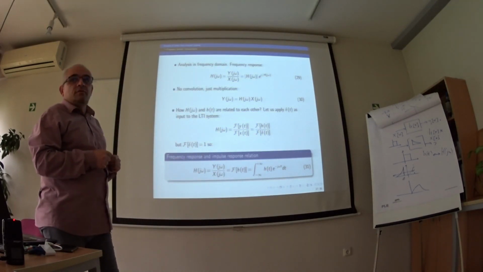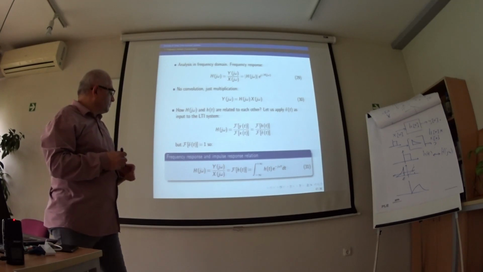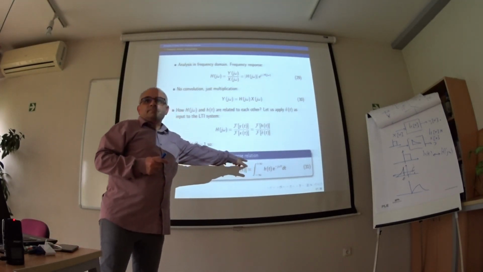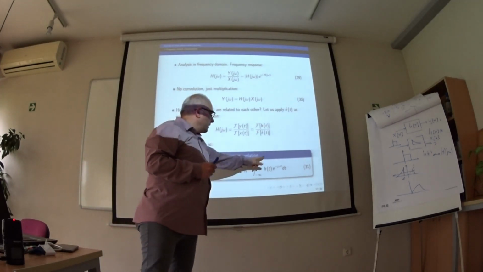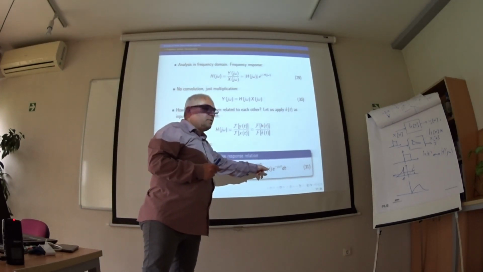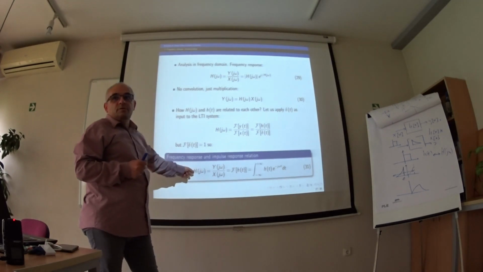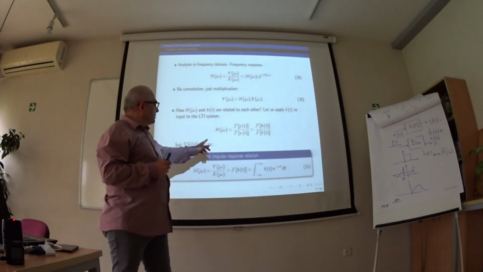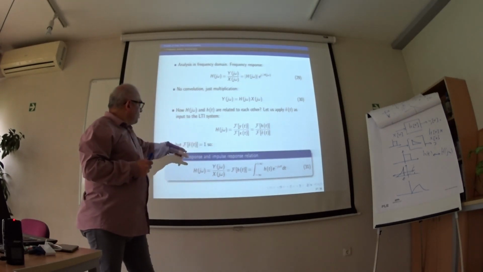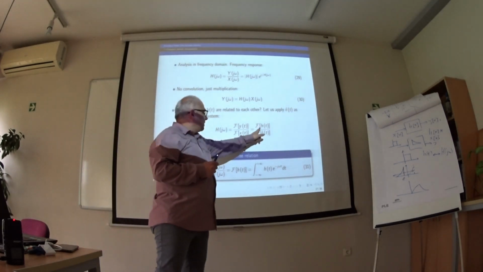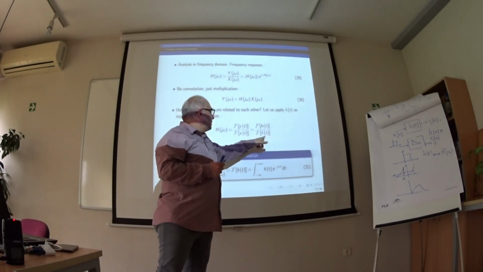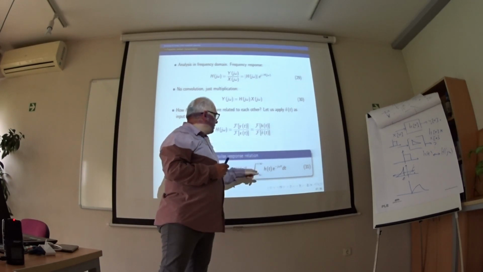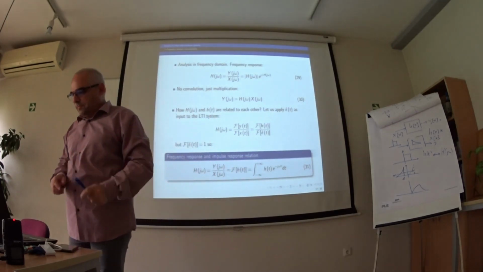And this relation is very obvious and simple. Continuous time Fourier transform: if we apply the Fourier transform over the impulse response, we will get the frequency response. It is very easily proved because we know the spectrum of delta is 1, so the denominator here is 1, and finally H of j omega is the Fourier transform of the impulse response.